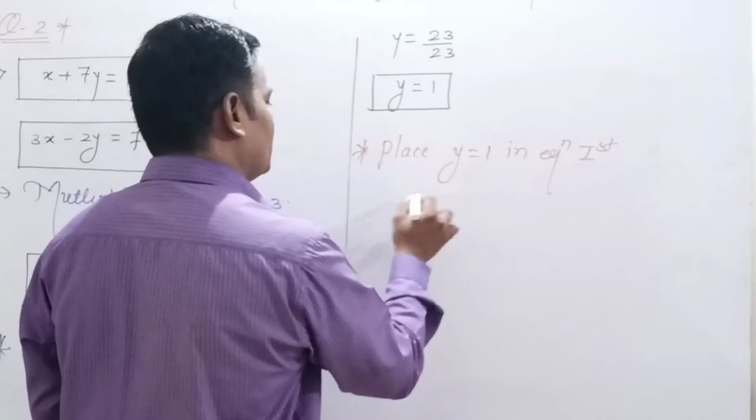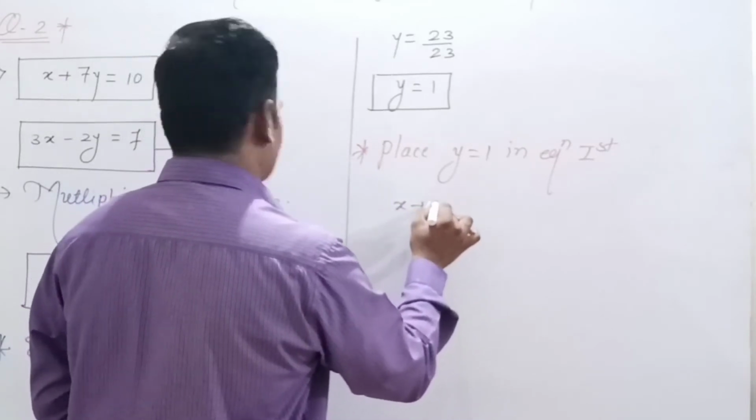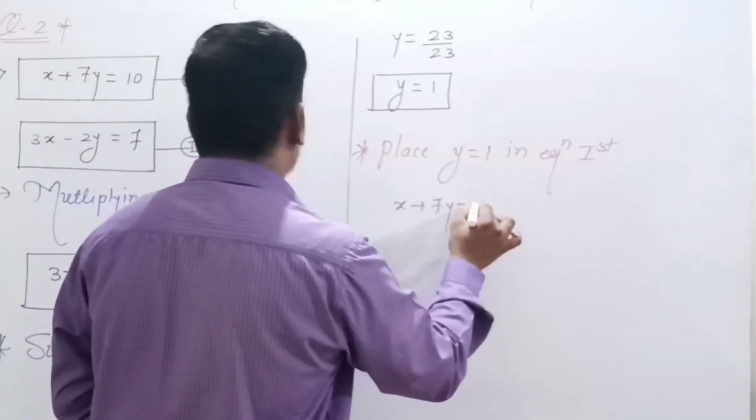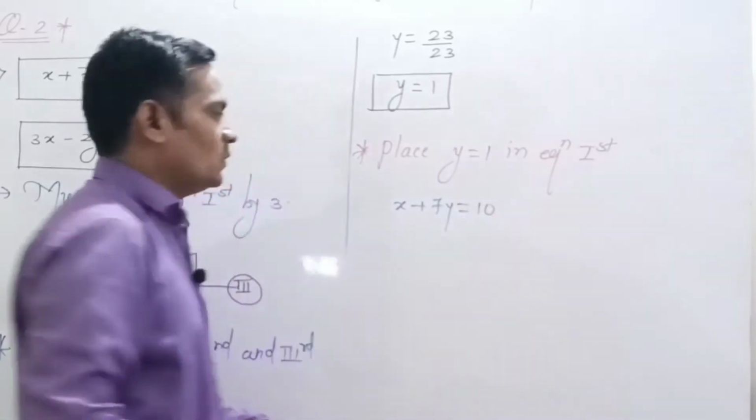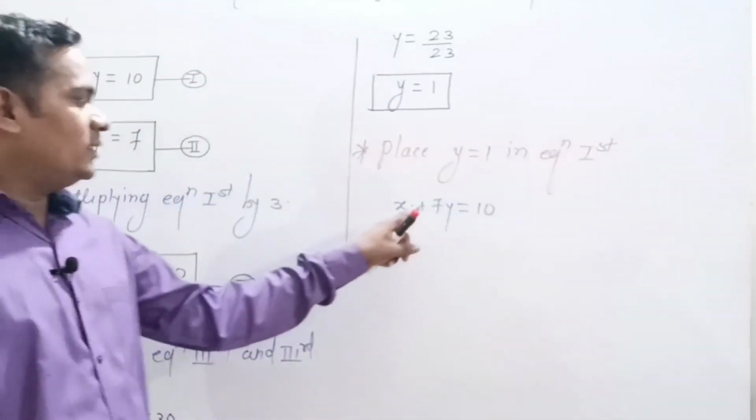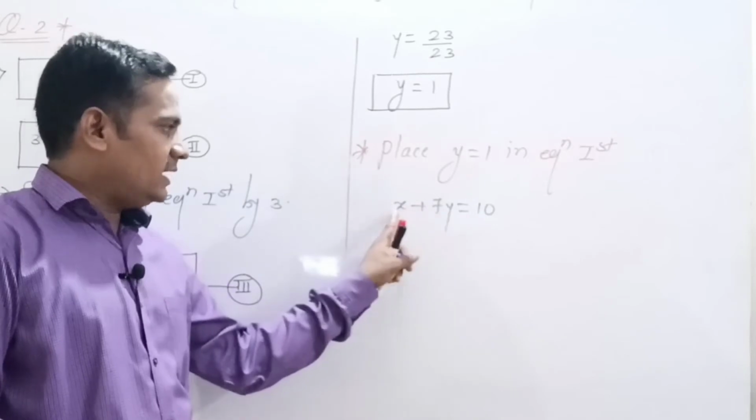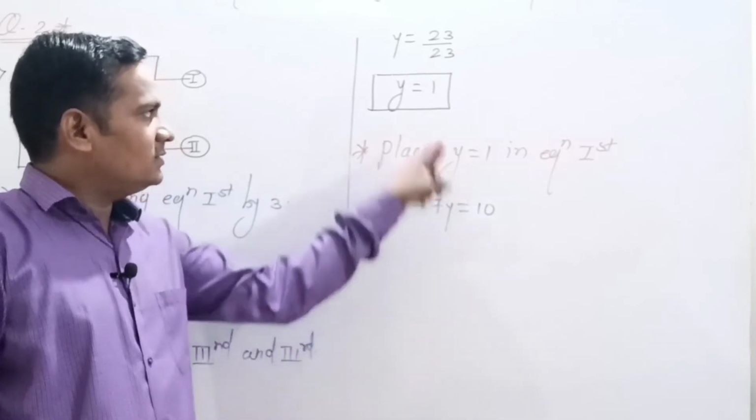Write down that equation first here, x plus 7y is equal to 10. Now this is equation number first. So we have to find out the value of x, and the y value is already there.